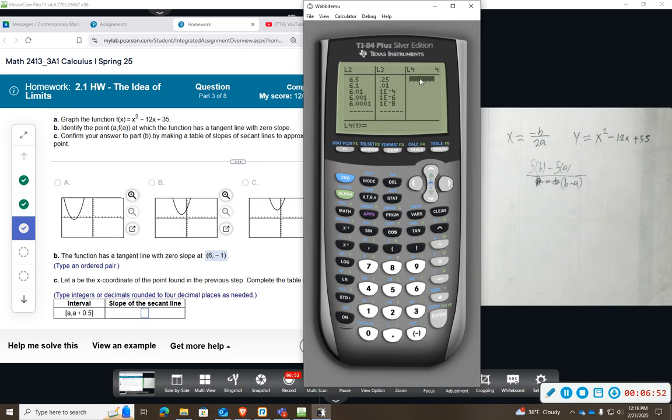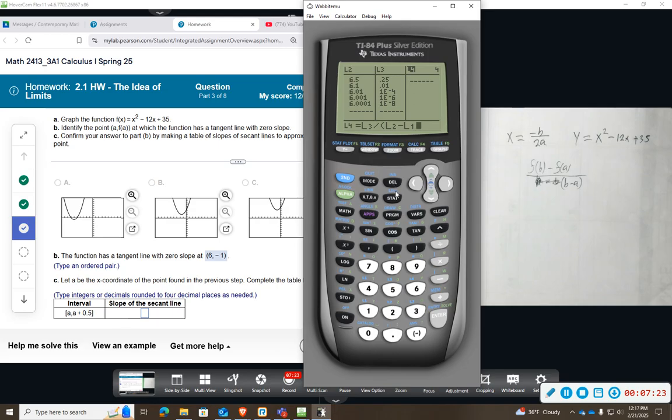So now I'm going to put it all together. In L4, I want you to take the numerator value. So I'm going to say second, take L3, and then we're going to divide that by, and we're going to tell it to do second L2 minus second L1, because we have to find those differences.